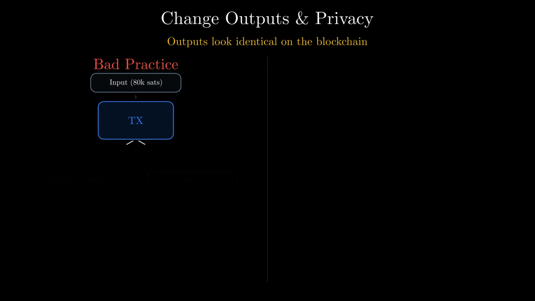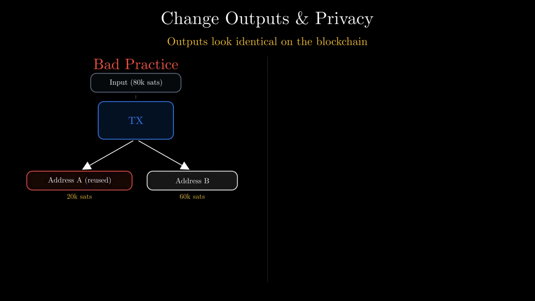There's one more consequence of change outputs that most people overlook. Privacy. The payment output and the change output look identical on the blockchain. But if Alice sends change back to the same address she's already used, an observer checks which output address has appeared before. The reused address is obviously the change.